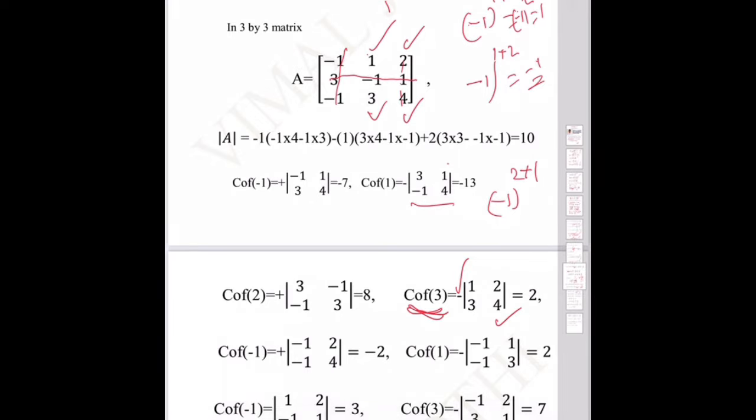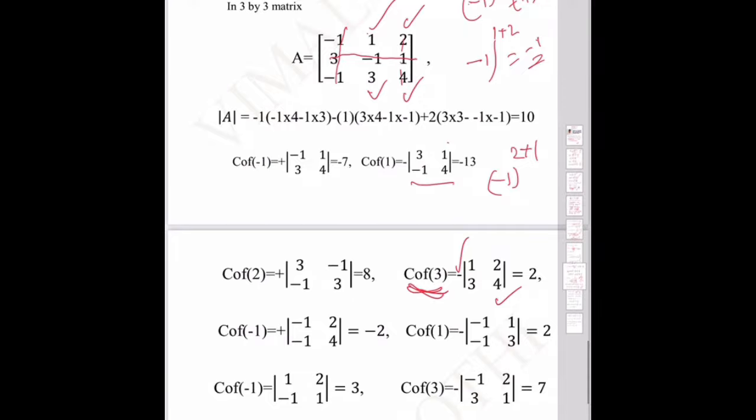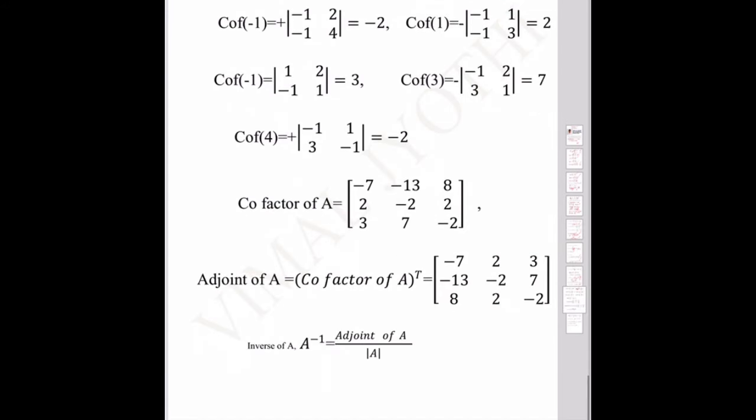We get the cofactor of all these elements. Signed minor is equal to cofactor. Then cofactor of A equal to this.